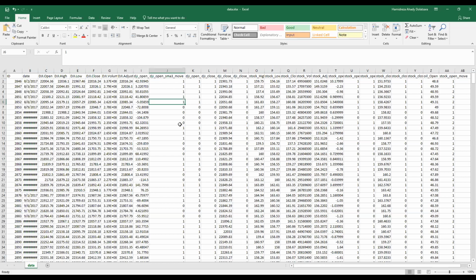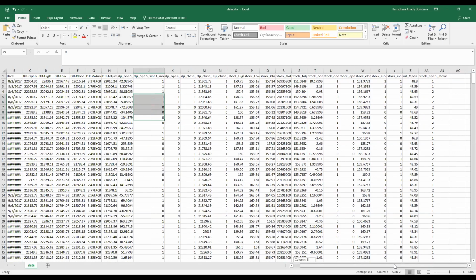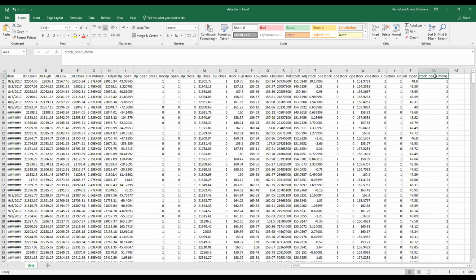The movement is either an increase movement or a decrease movement. So that's the reason you see 0 and 1. Even the same for your dependent variable, which is stock open move. But for this one, it's 1 and 2. There's no difference between 0 and 1 and 1 and 2.